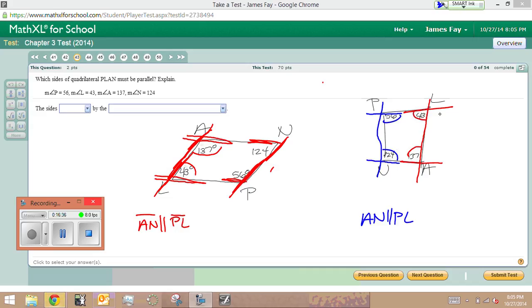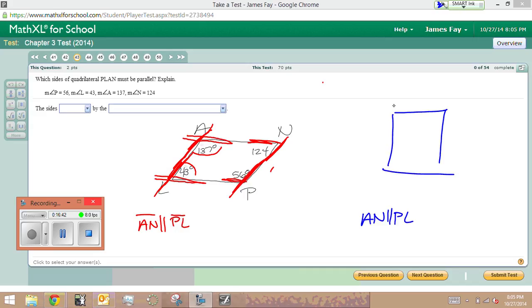Okay, what people want to do, and you can't do this, is that if I had that figure PLAN and this was 56, L was 43, A was 137, and N is 124.